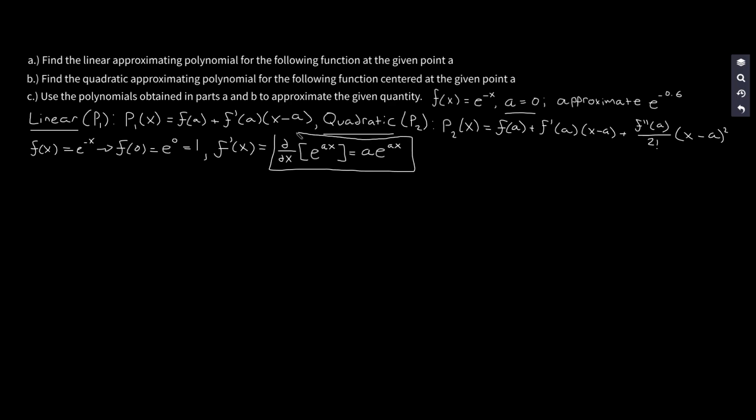This is just a standard rule for differentiation, how you take the derivative of Euler's number when it's being raised to the power of a coefficient that's in front of x.